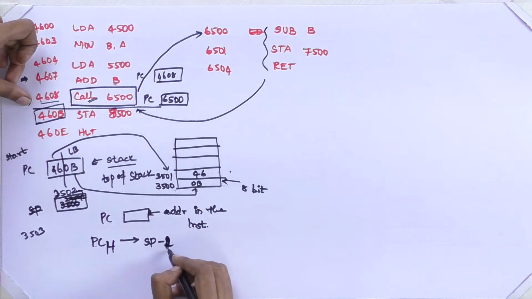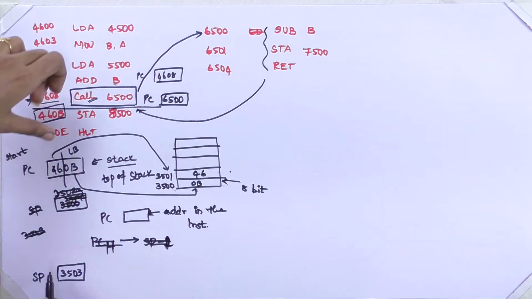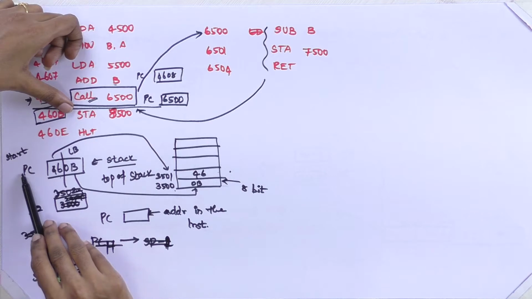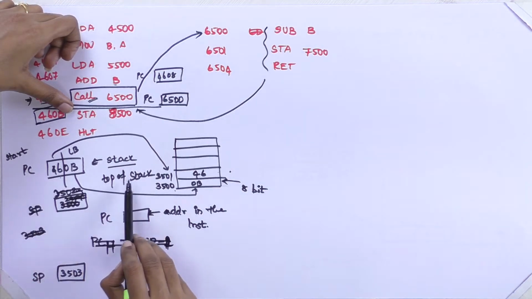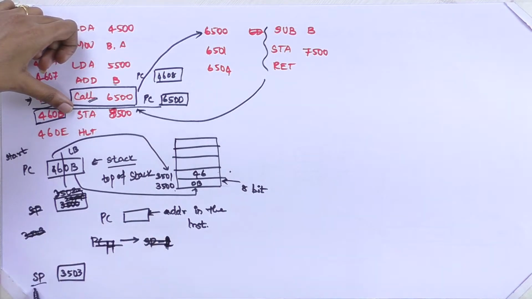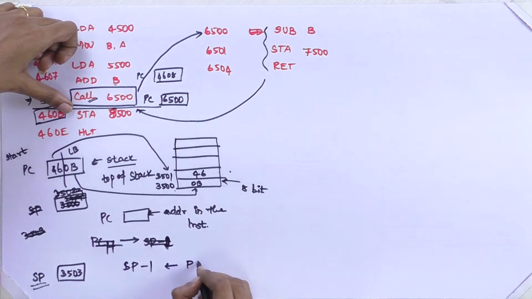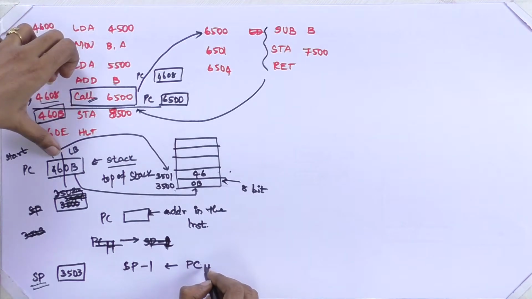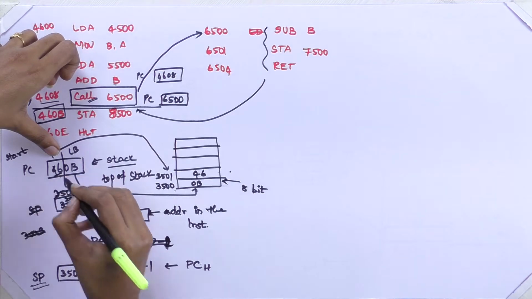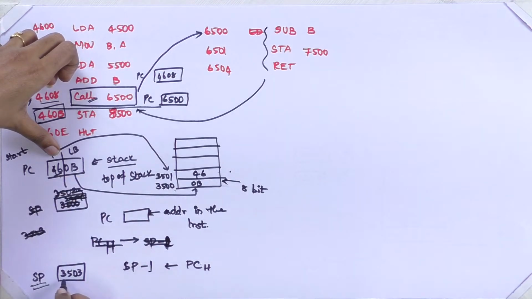So the PC value will be stored in the stack, and the top of the stack is held in the stack pointer. In this program, for example, SP has the value 3503. Then SP minus 1 will store the higher byte value of PC, which is 46.